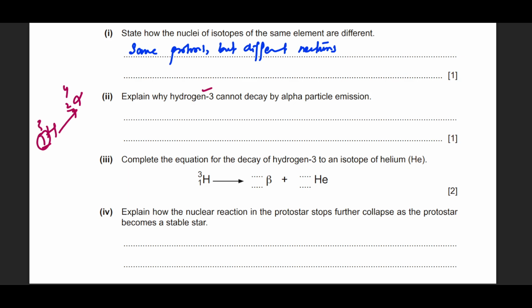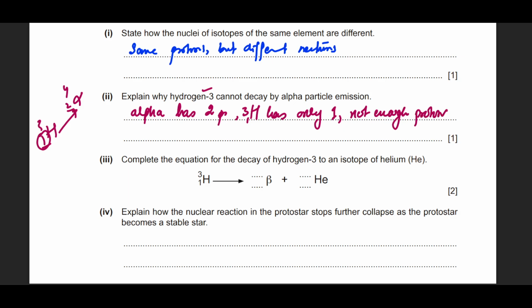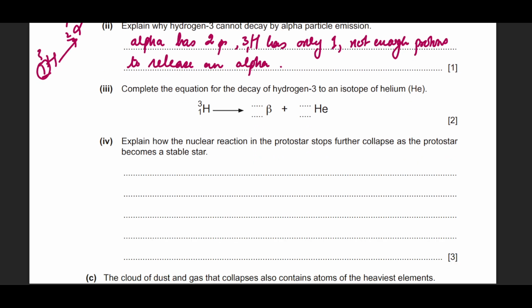We can say that alpha has 2 protons, 3H1 has only 1 proton, so not enough protons to release an alpha particle. Then we have an equation to balance.